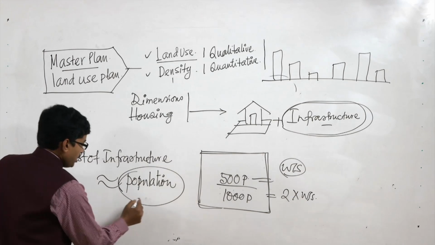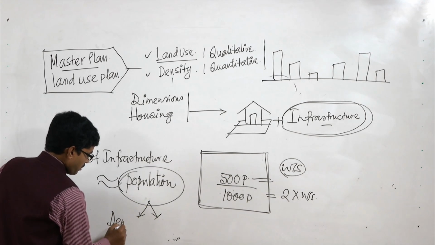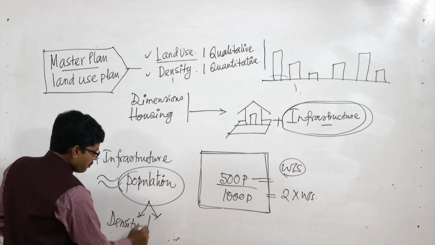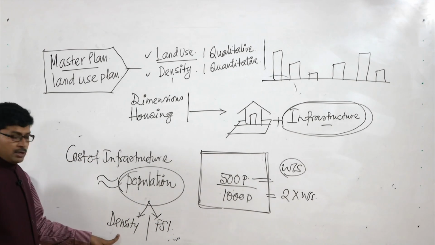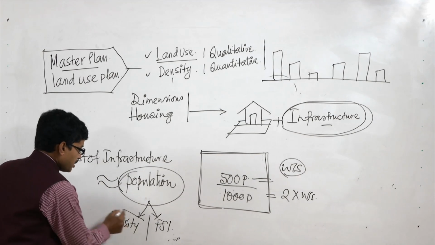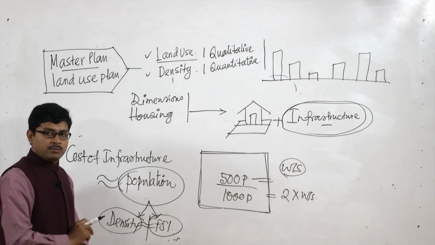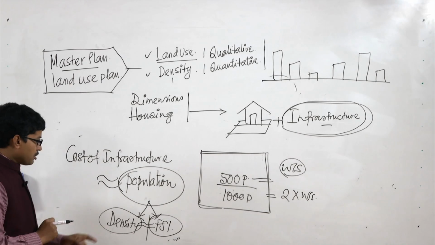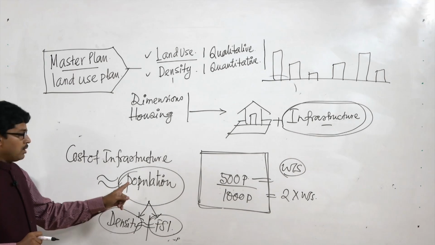That is the reason. Since population is represented by two elements, one is density and also FSI, either we increase the density or the FSI. Both are important, and by and large density and FSI are directly proportional. If we increase the density and FSI, then a more compact development will be there.